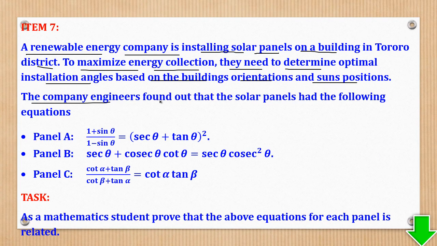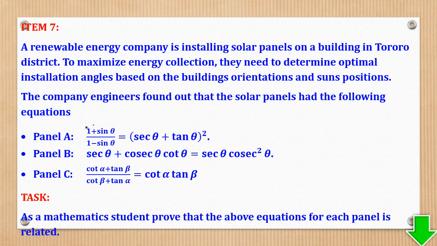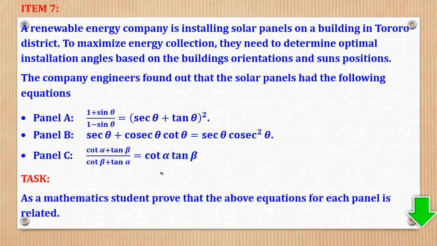The company engineers found out that the solar panels had the following equations: panel A, panel B, and panel C. Task: as a mathematics student, prove that the above equations for each panel are true. So they want you to prove that this left-hand side is equal to right-hand side. For panel A, the same for panel B, and the same for panel C. So let's start the proof.